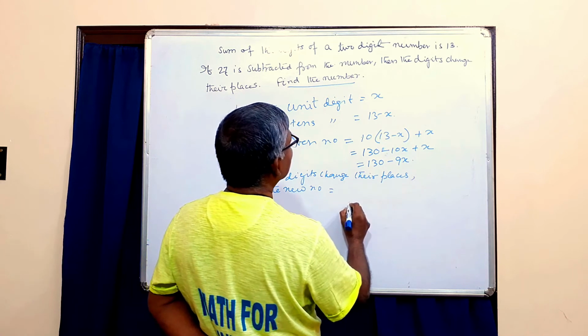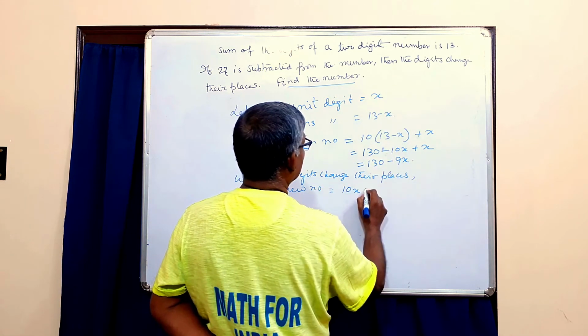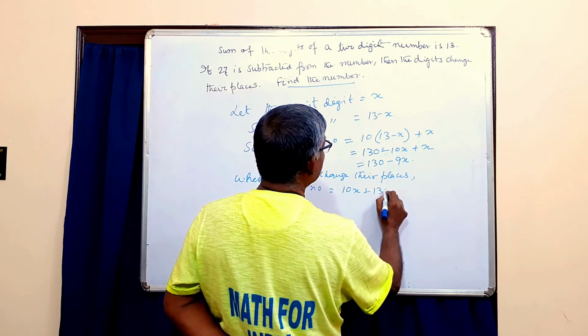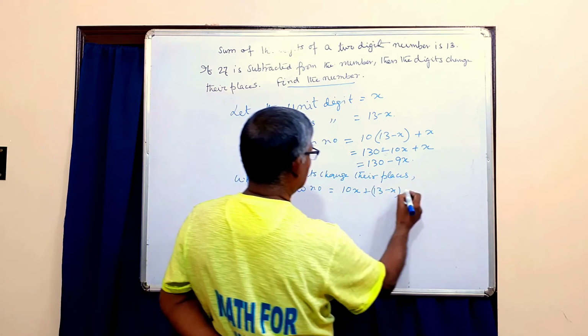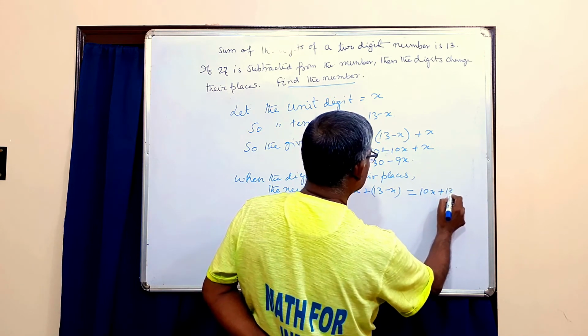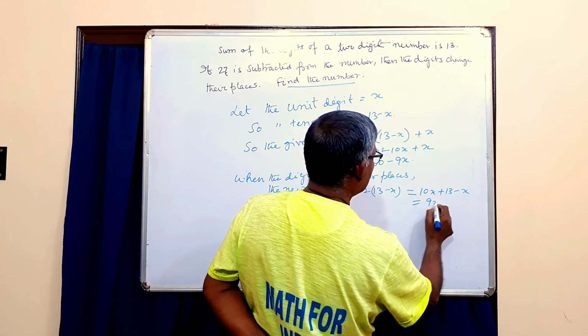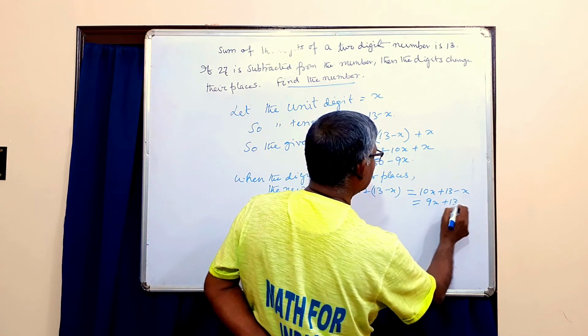equals 10 into x plus 13 minus x. So 10x plus 13 minus x, that is 9x plus 13.